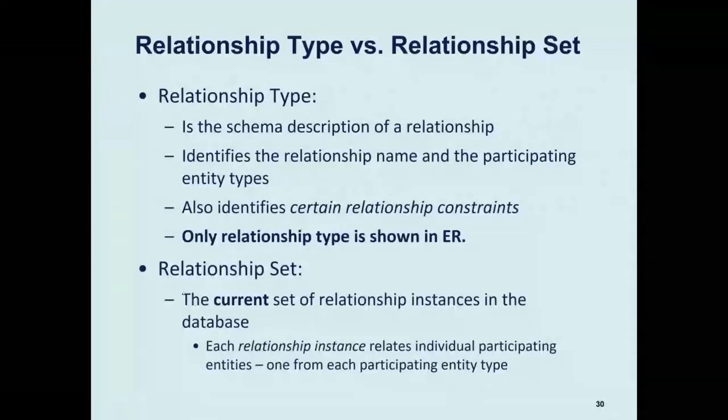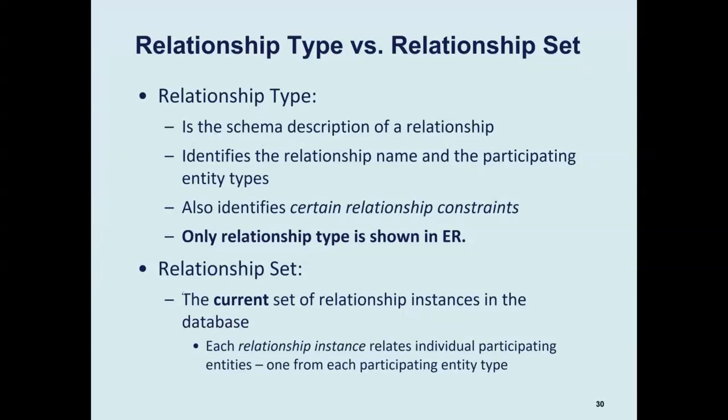That's called a relationship instance. For the relationship type, we need to understand it because we need to record it in the ER diagram, but the relationship set or the entity set are not included in the ER design. So they are not shown in the ER design.